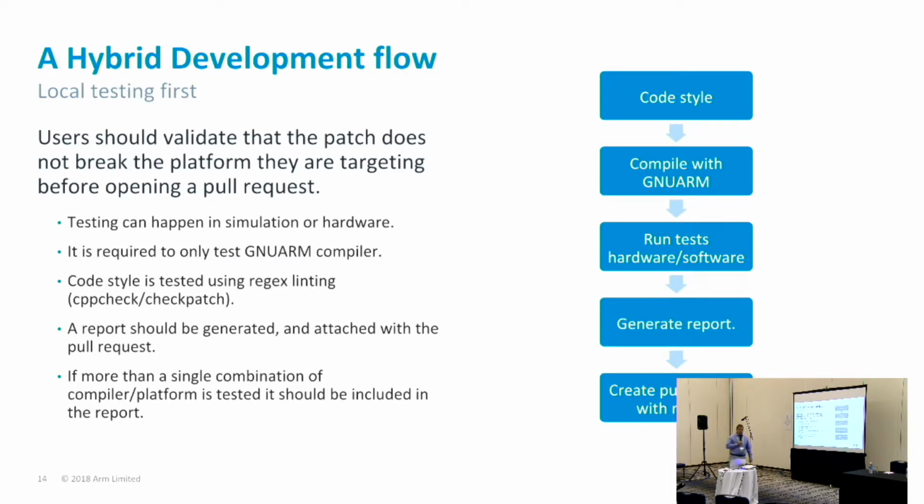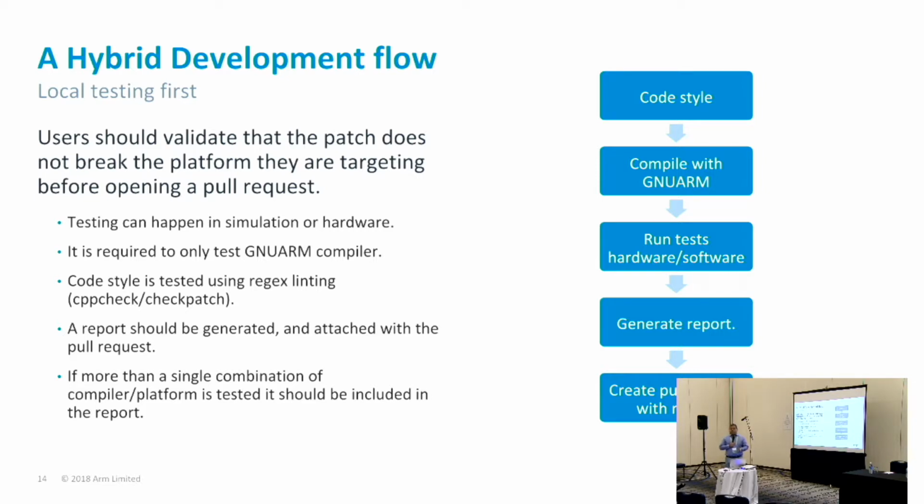So when it comes to the hybrid development flow that I just suggested, there should be a logical order of how to run the tests. On the user side, you should be able to use the scripts provided to pull down a Docker or any other container technology image containing the environment that allows you to build and run the tests on your side.